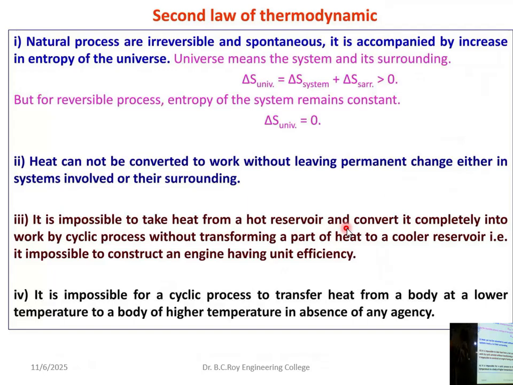State 1 to state 2. cv ln T2 upon T1 plus R ln V2 upon V1. Is it alright? This one is okay? cv ln T2 upon T1 plus R ln V2 upon V1.